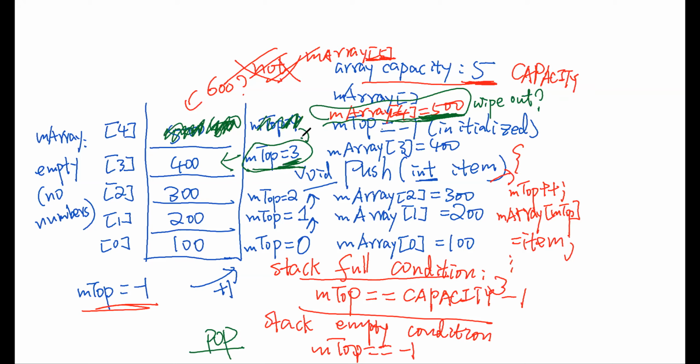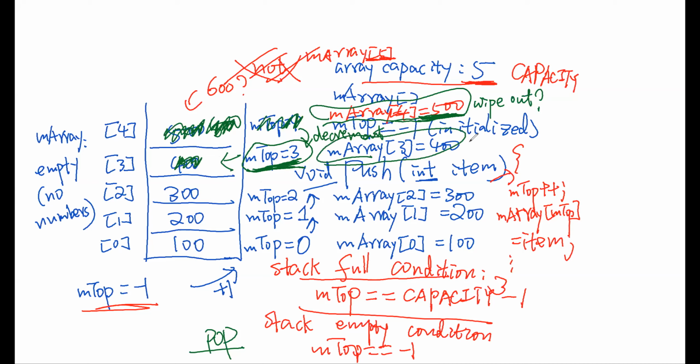Your top index decrements by 1, decreasing to 3. So then you are removing 400.